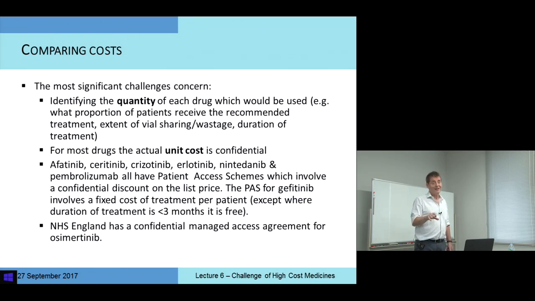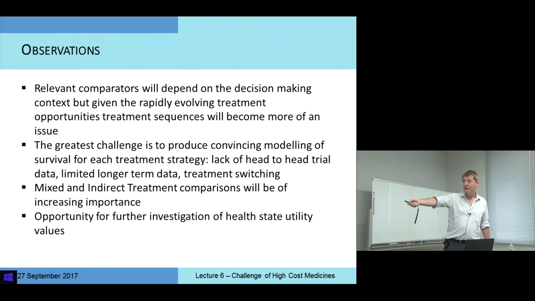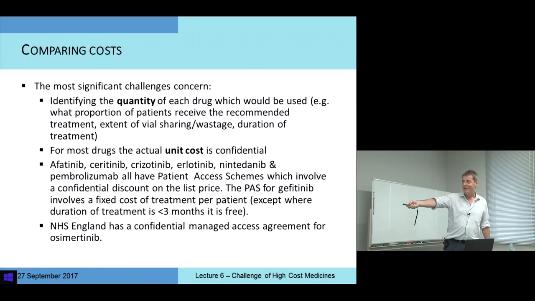Now that matters, because a major driver of the cost is how much of the new drug you're using. Another problem, this is not a problem for the committee because we get to see the information, but for most drugs, the unit cost is confidential because a deal has been done, a secret deal on the price.